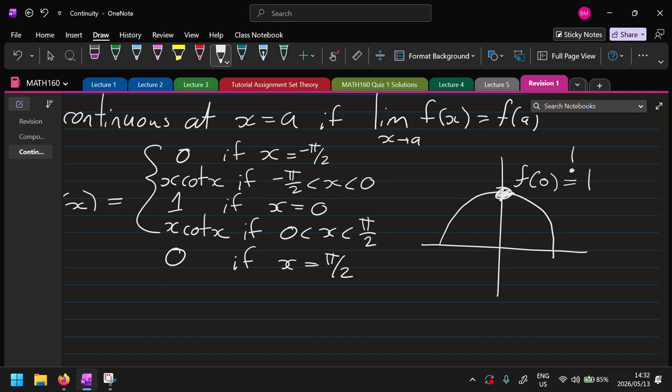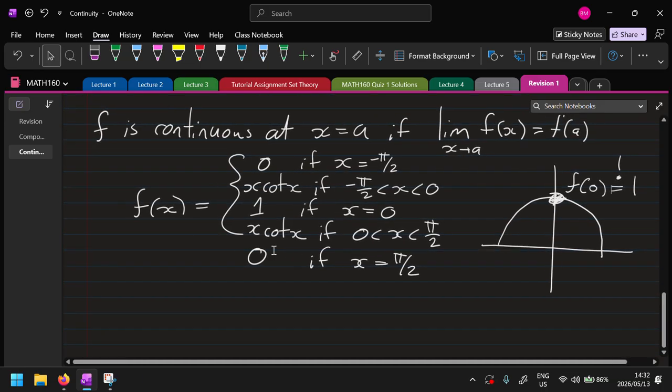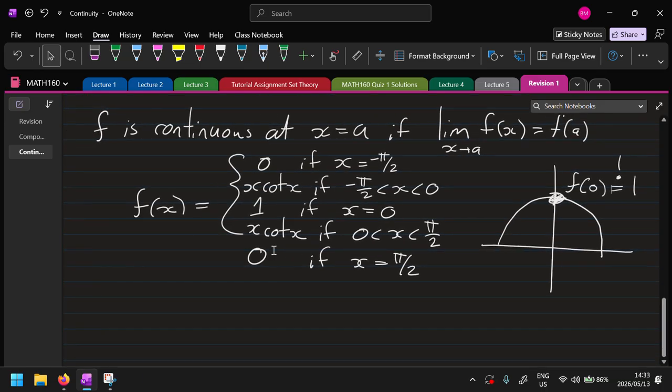So the circle becomes closed. So it's a removable discontinuity. All right. Any questions for this part?